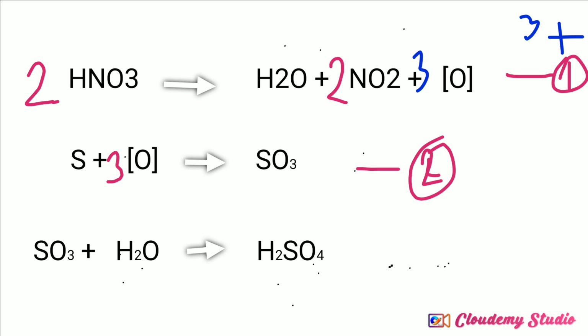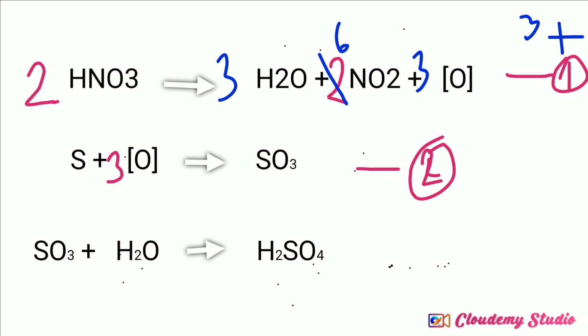But nitrogen dioxide already it was mentioned 2. So when we multiply by 3, 3 times 2, it will become now 6 times. Water already 1 time. Now we can place 3 times when we multiply by 3.